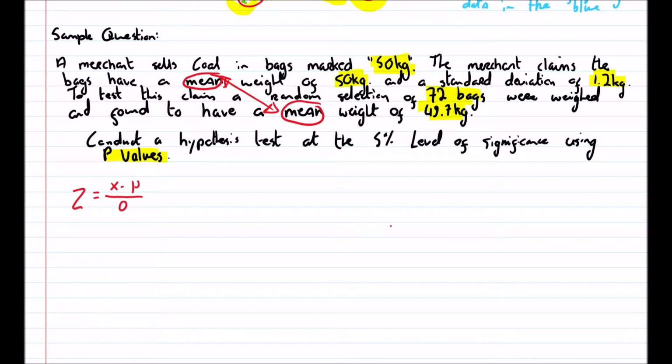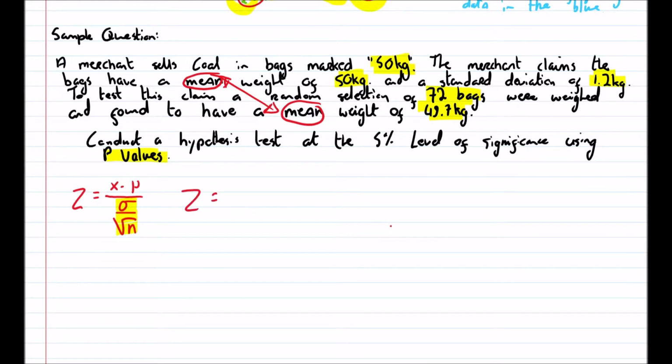Our standard error is going to be this. Okay, as you notice, the bottom bit, this bit here, will change depending on whether it's one of the mean type questions or whether it's the population proportion type questions or whether it's just a normal z-score. Right, so let's go.